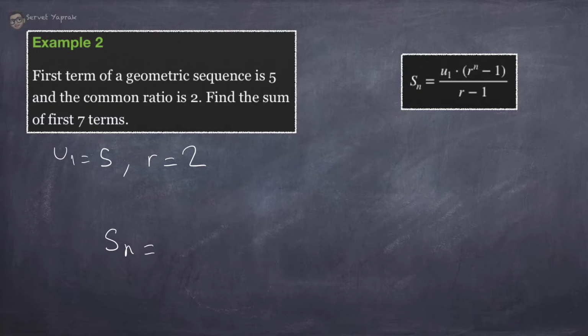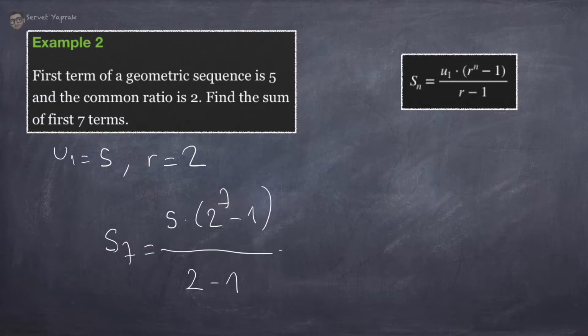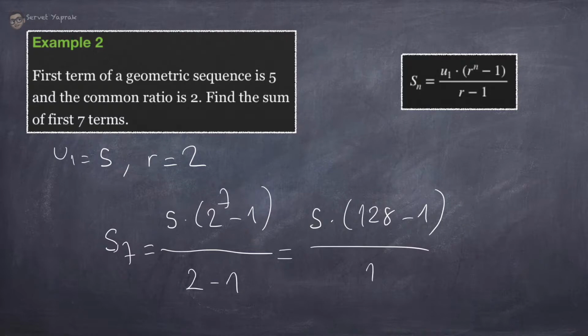Sn equals u1, which is 5, times 2 to the power of 7, because I'm looking for S7, minus 1, over 2 minus 1. This is equal to 5 times 128 minus 1 over 1, so this is 5 times 127, and the result is 635.